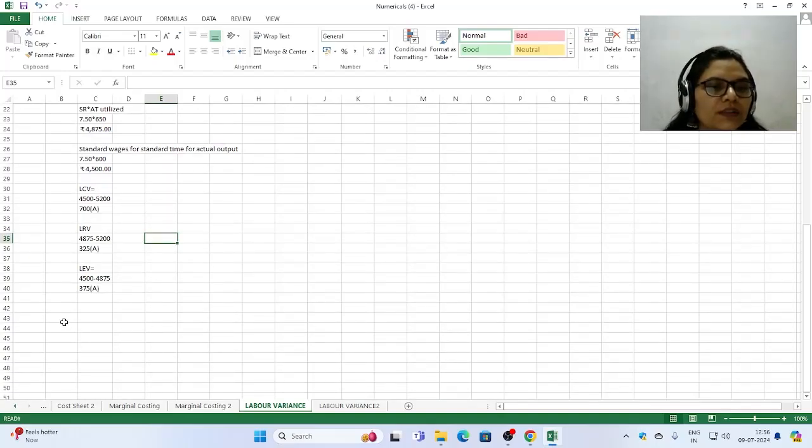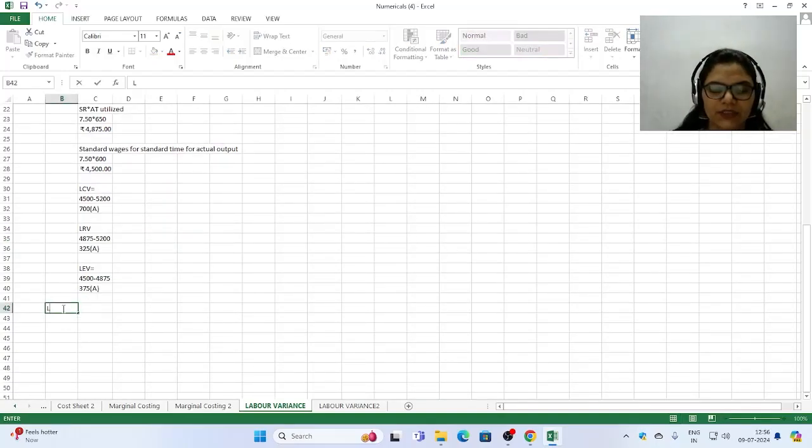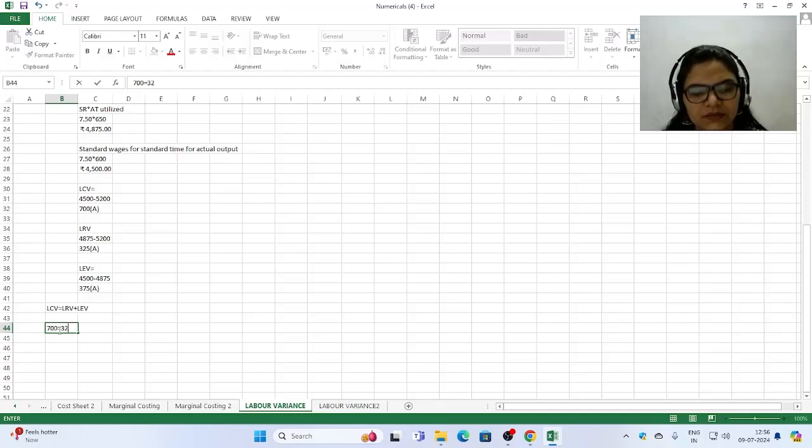Now labor cost variance is equal to labor rate variance plus labor efficiency variance, so 700 is equal to 325 plus 375, which gives you 700 adverse on both sides.